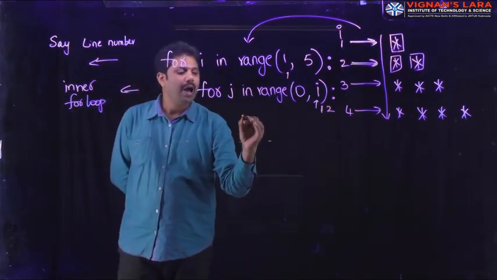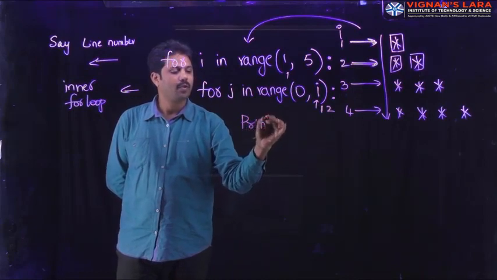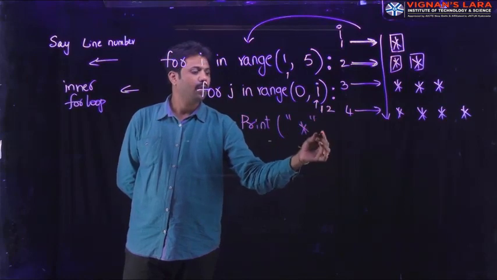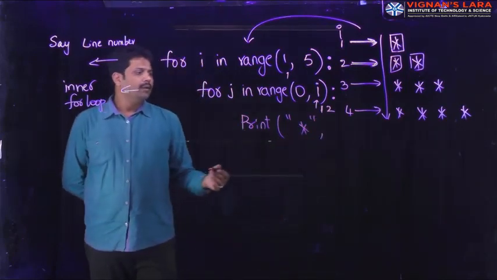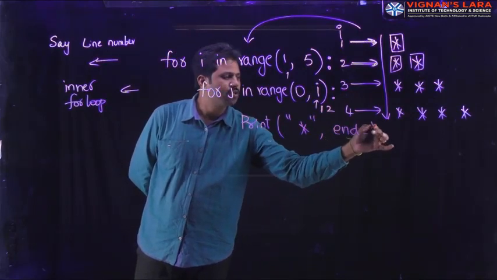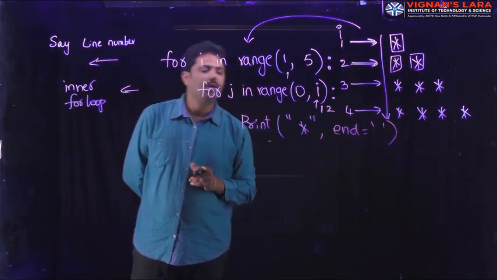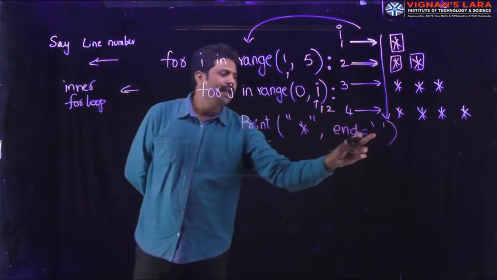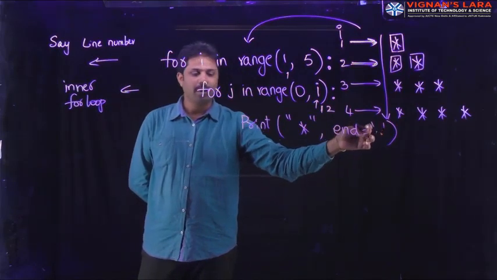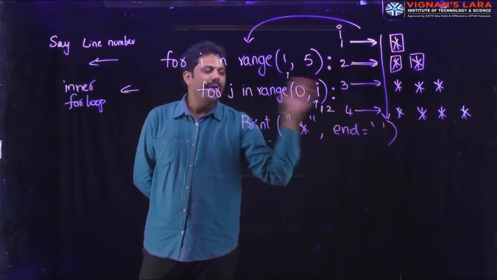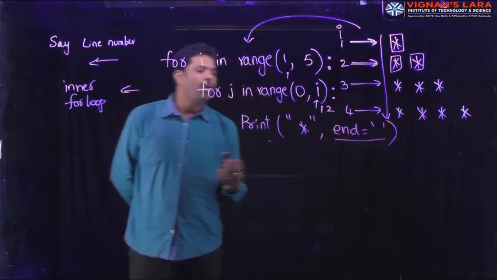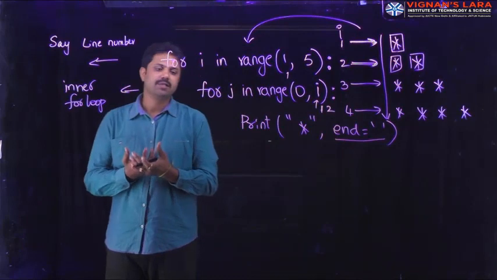Okay, now I am going to print a star here, and here we have a new statement, end equals to an empty string. You have to represent a string with double quotes or single quotes. Here I am using an empty string. What does end equals to an empty string say?